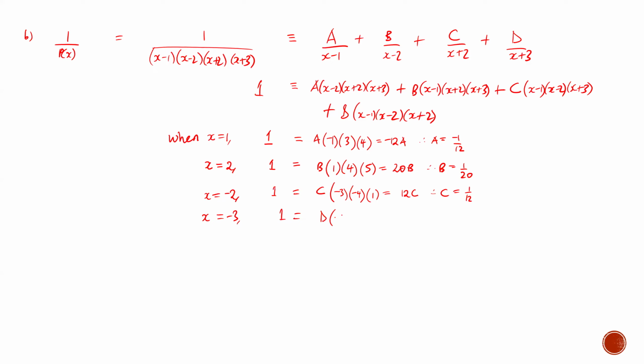So I'll have negative 3 minus 1, which is negative 4, negative 3 minus 2, which is negative 5, and then negative 3 plus 2, which is negative 1. It's going to be negative 20 times d. Therefore, d is equal to negative 1 over 20.